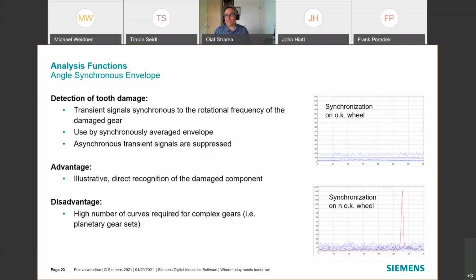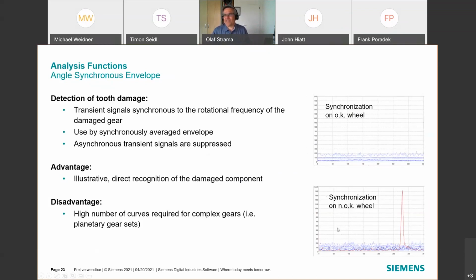And therefore we synchronize such an angle synchronous signal on every tooth gear that we have. And since they all rotate with different speeds, we only see the contribution of a damage on the curve that corresponds with the damaged gear.